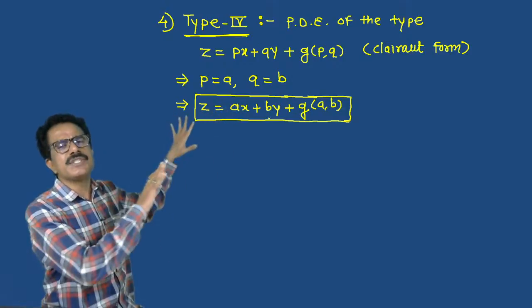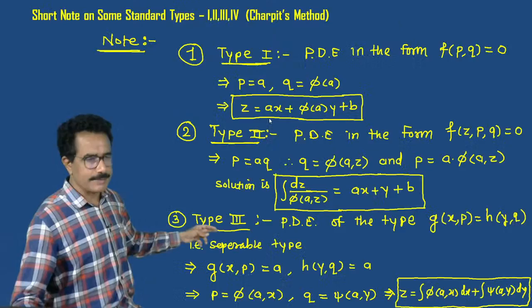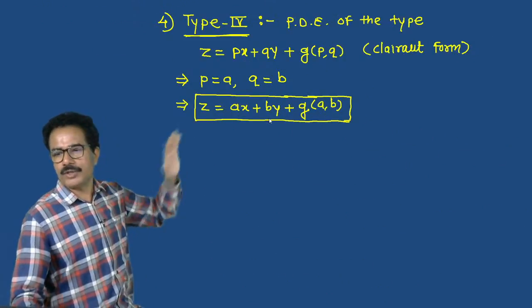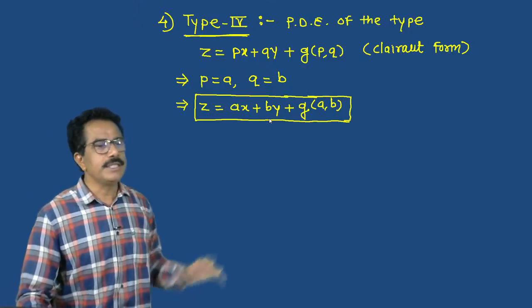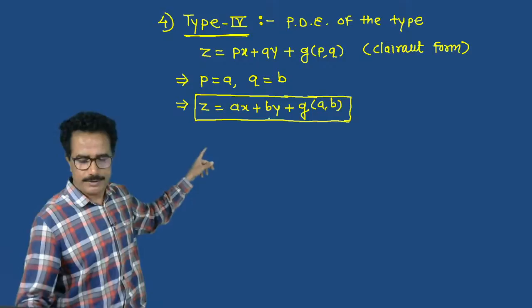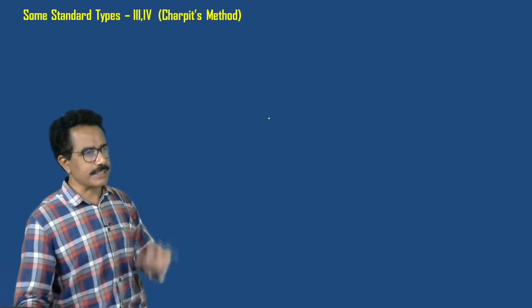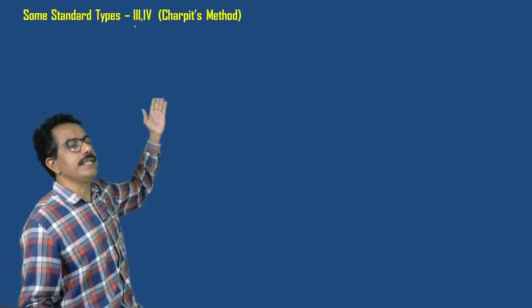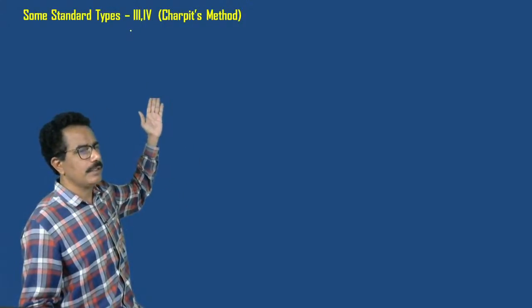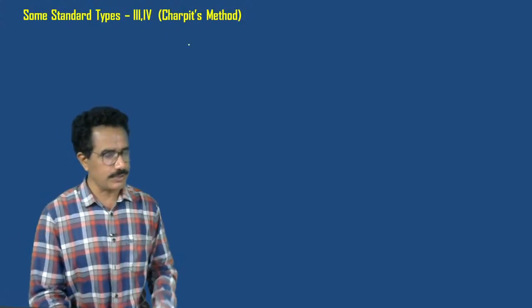This is the short note only, but we have to discuss the third and fourth methods in detail today. So we shall discuss these standard types in Charpit's method, type number 3 and type number 4, today.